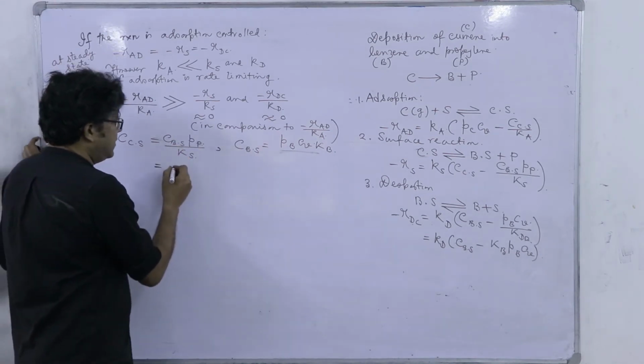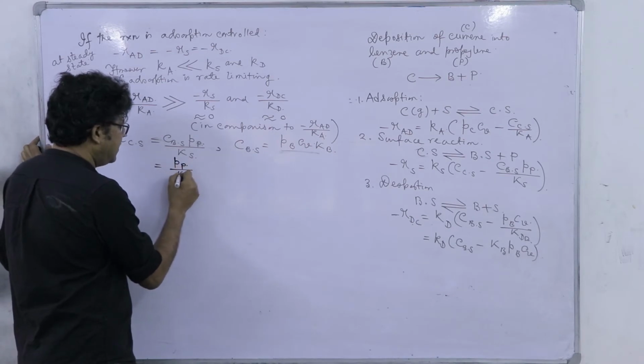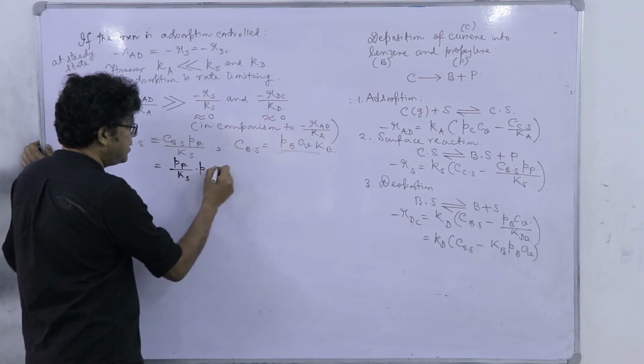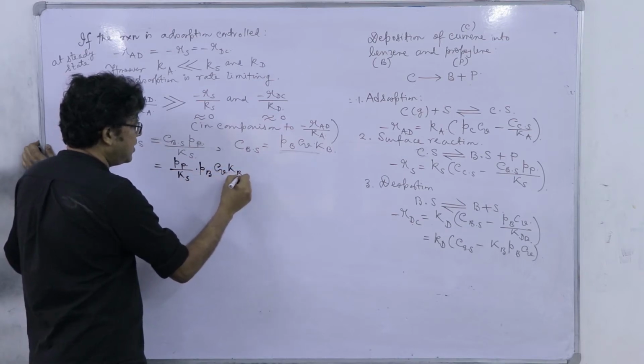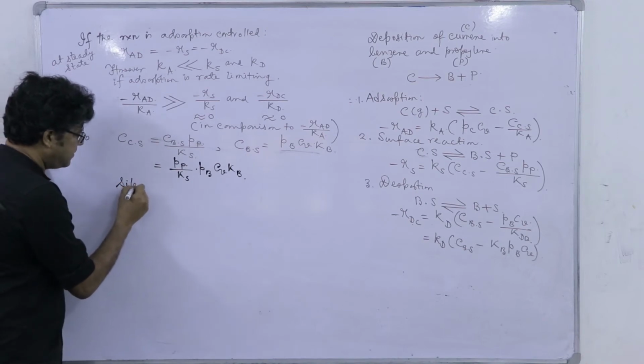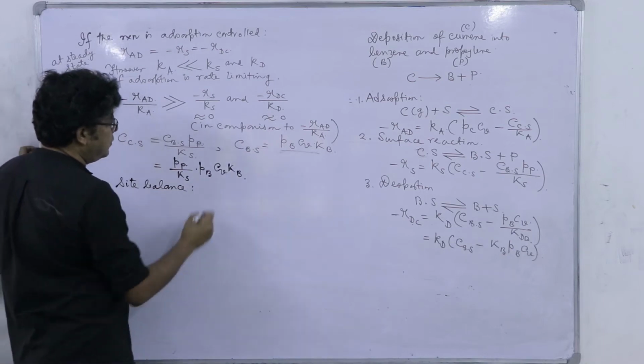So, if we replace this, Pp by Ks into Pb into Cv into Kb. Now, the active site balance, what will it give you?